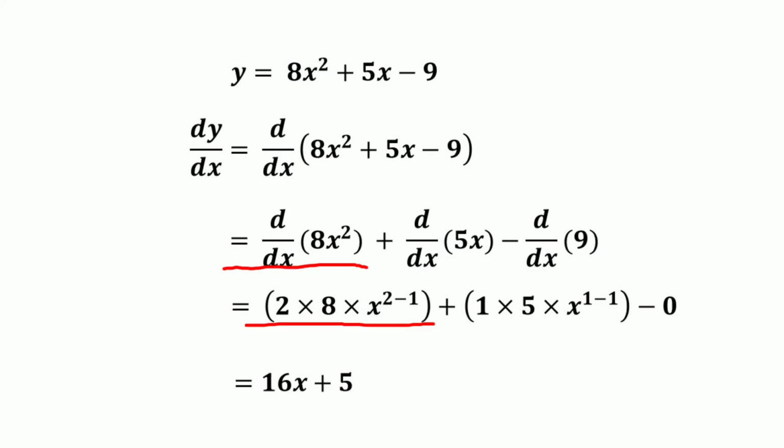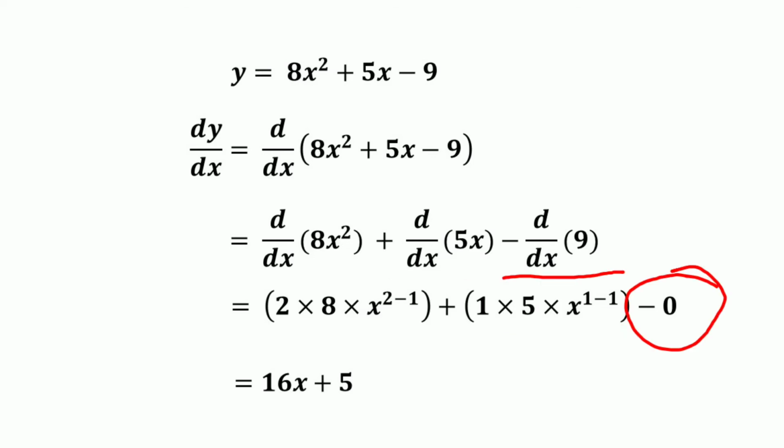So d/dx of 8x square is equal to 2 into 8 into x raised to the power 2 minus 1, plus d/dx of 5x, which is equal to 1 into 5 into x raised to the power 1 minus 1, minus the derivative of 9, which is constant, so it is equal to 0.